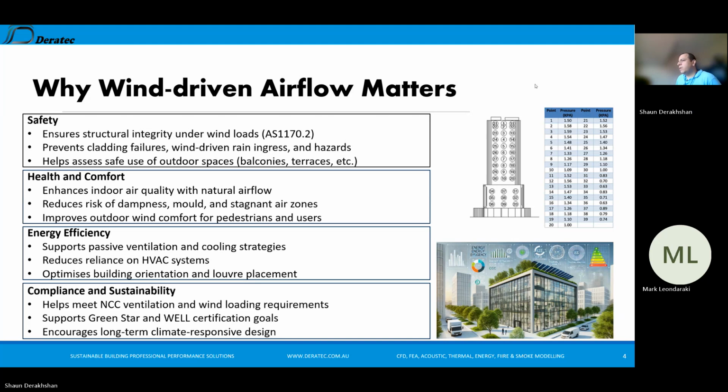So for example, here is the wind loading pressure data, which a structural engineer can use for facade design or structure design. And the goal is reaching this Green Star. But safety for people is most important.